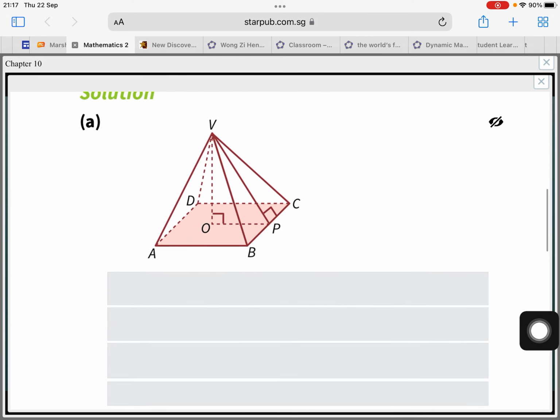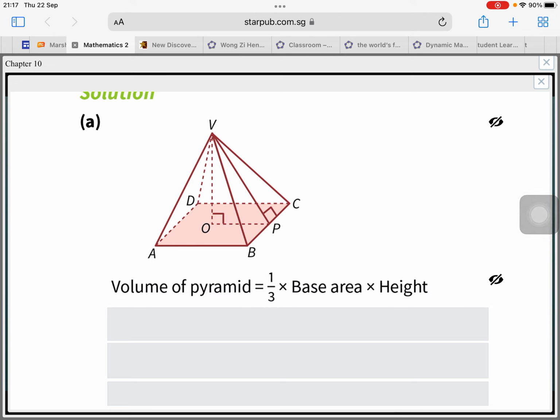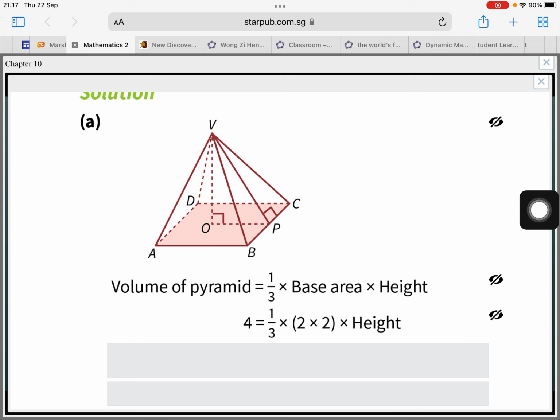Using the volume, we're able to find the vertical height, because the volume is 1/3 base area times height. We know that the volume is 4, base area will just be 2 times 2. You do the substitution, then you can find your height, which should be 3.